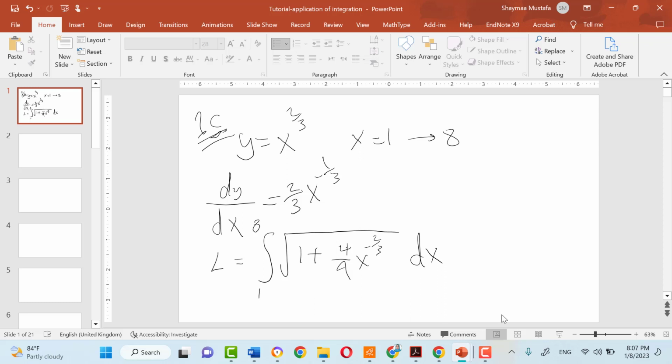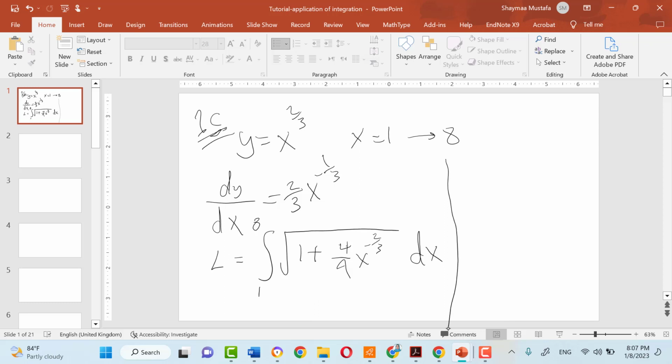So to integrate this one, it will be equal to the integration from 1 until 8 of the square root of 1 plus 4 over 9 x to the power 2 over 3, dx.